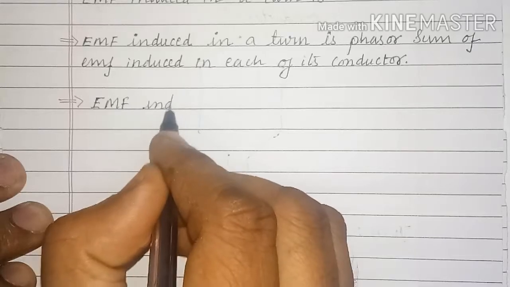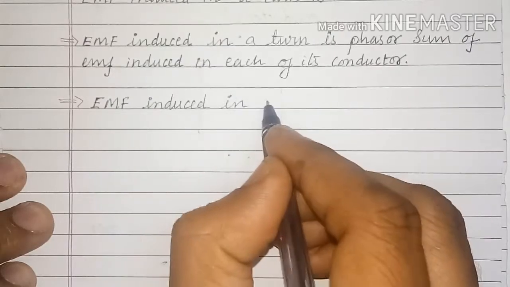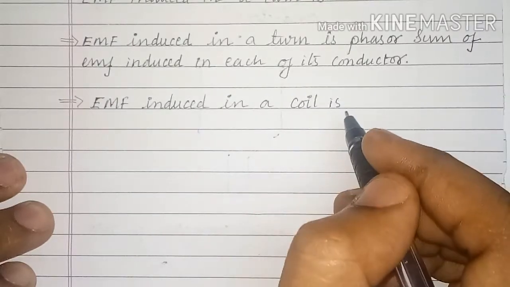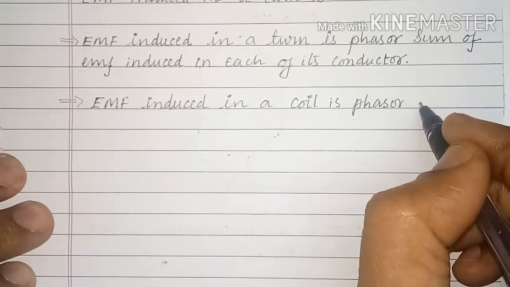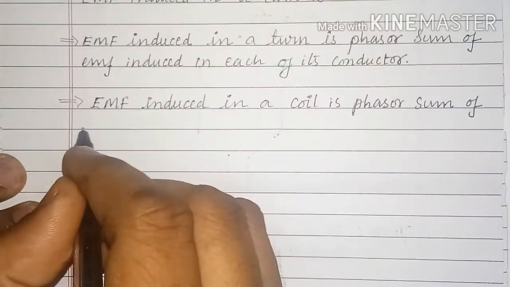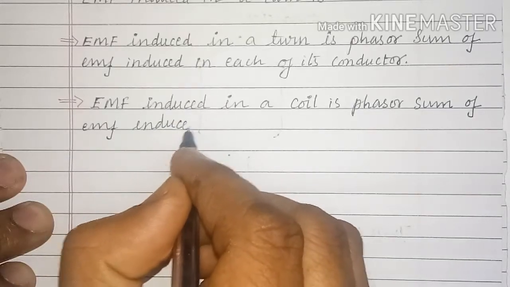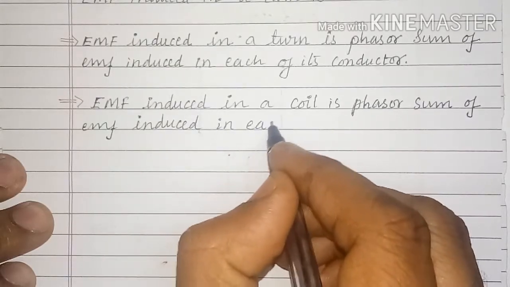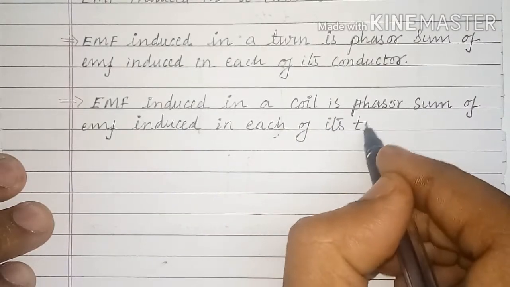EMF induced in a coil is phasor sum of EMF induced in each of its turn.